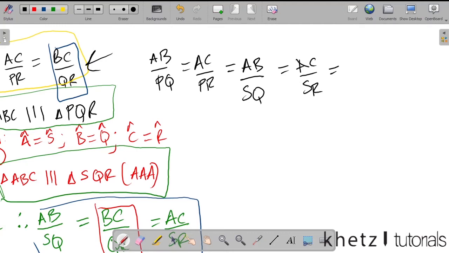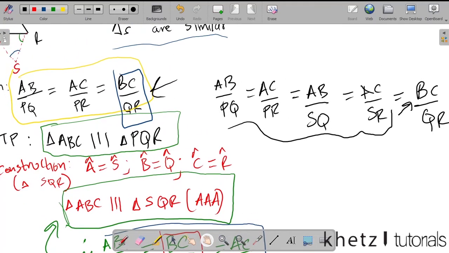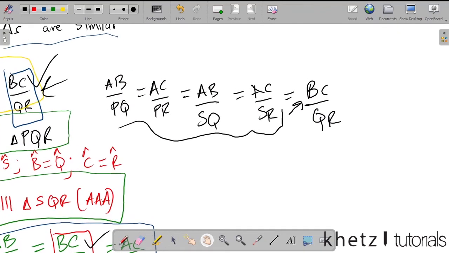And this is only because these two have a common proportion BC divided by QR. So all of this is equal because all of them are equal to BC divided by QR. We have BC divided by QR at the top in our given proportion, and we have BC divided by QR at the bottom in our established proportion, which means all of that is equal to each other.